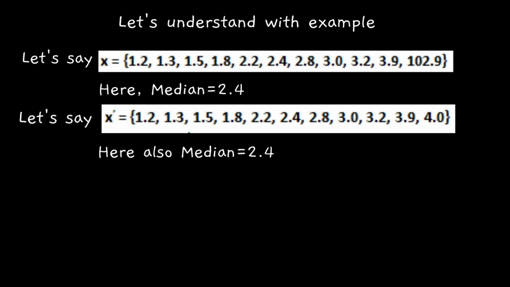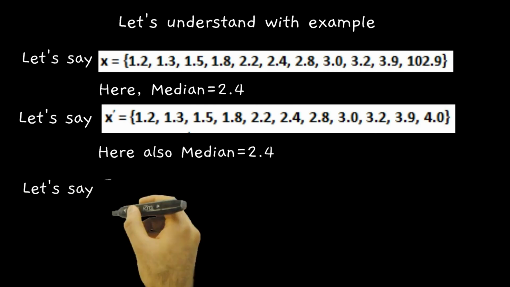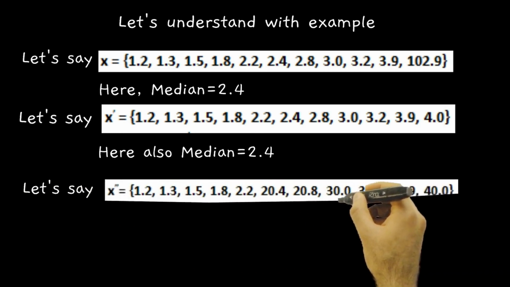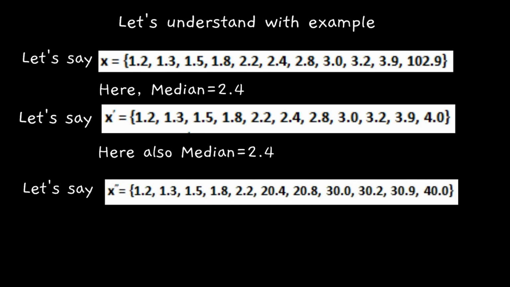Now let's say x double dash is equal to 1.2, 1.3, 1.5, 1.8, 2.2, 20.4, 20.8, 30.0, 30.2, 30.9 and 40.0. Let's say the first 5 observations are correct and the last 6 observations are mistakes or corrupted observations.